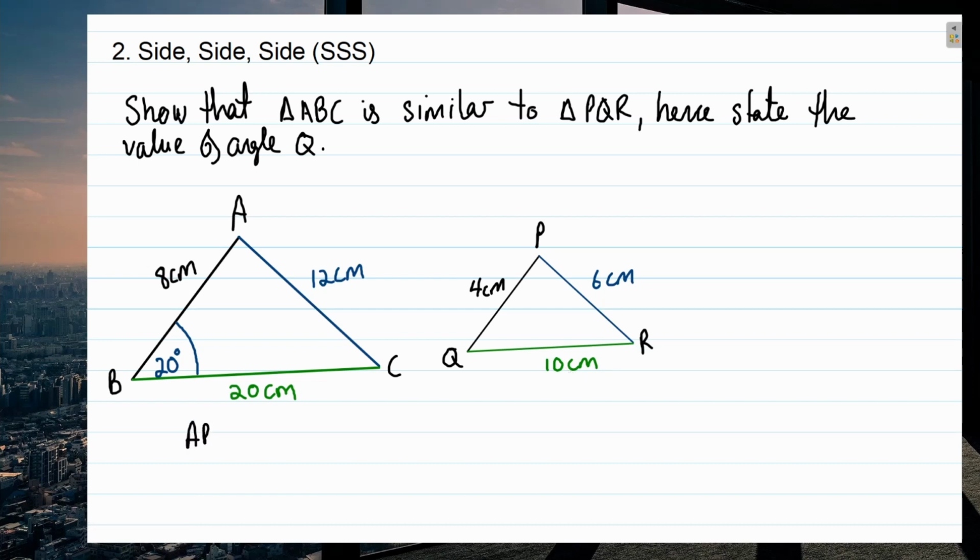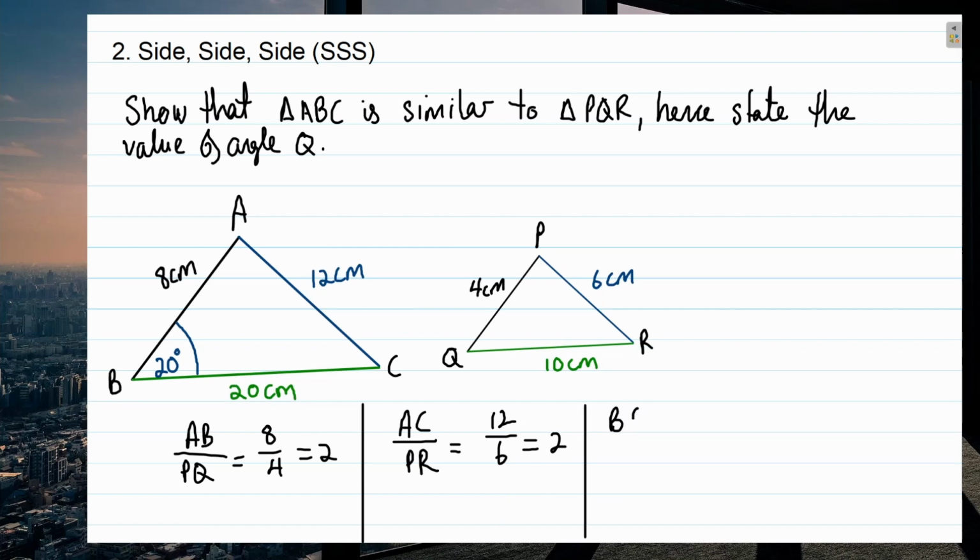So I'll have AB over PQ is equal to 8 over 4, which is equal to 2. And I also have AC divided by PR, which is equal to 12 divided by 6, which is equal to 2.